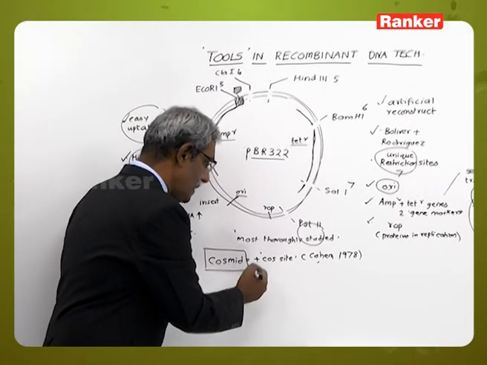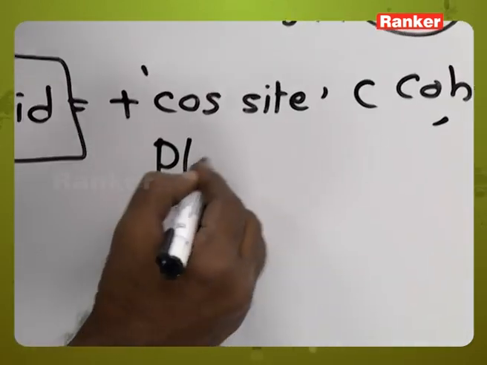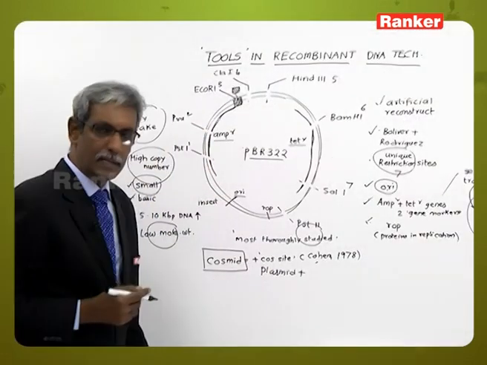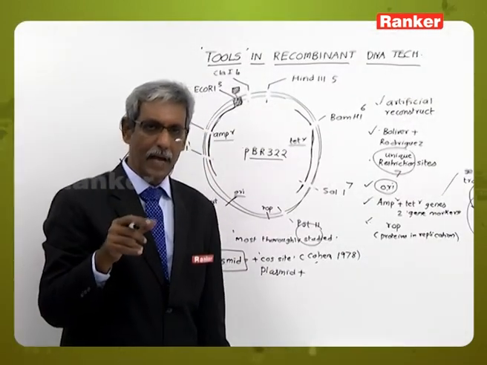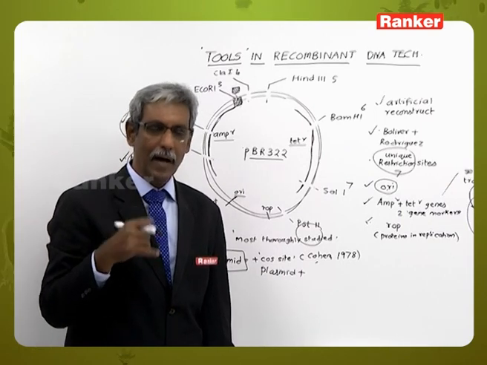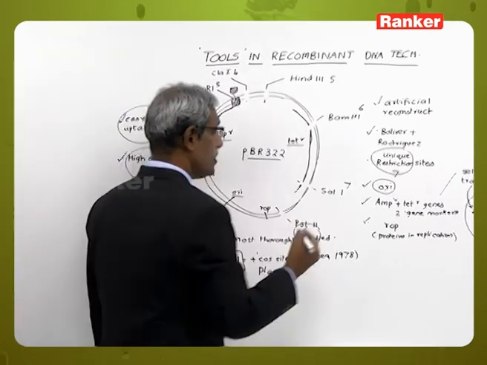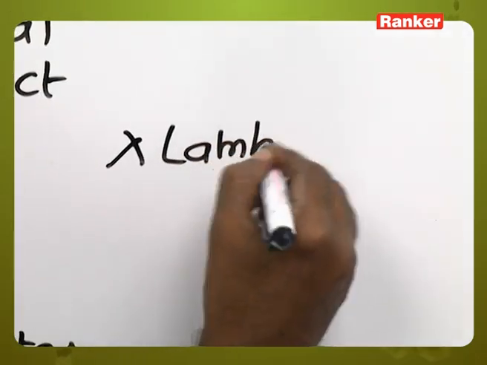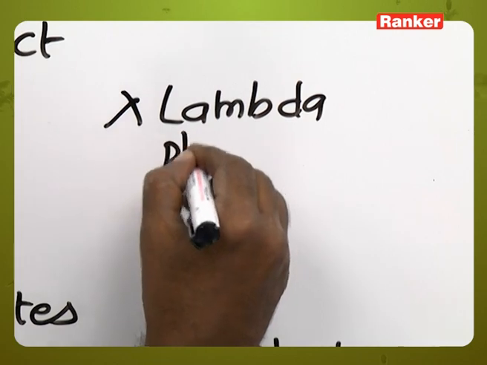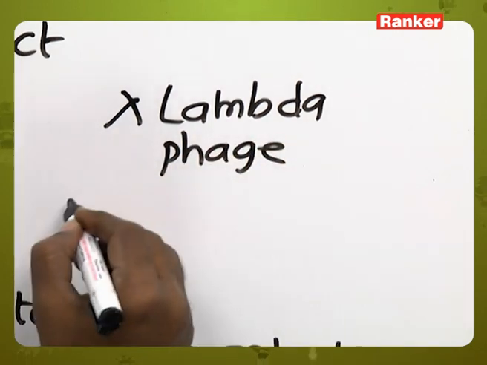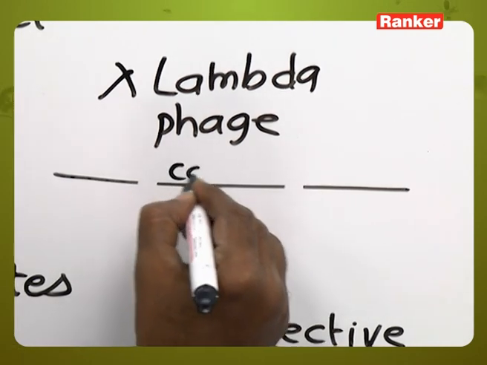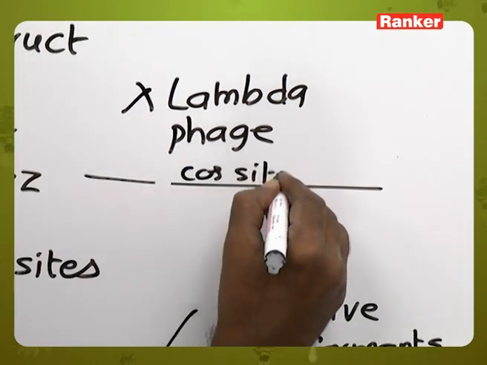A cosmid is a plasmid with a cos site. A cos site is a cohesive site, derived from another bacteriophage termed the lambda phage. A lambda phage is a linear bacteriophage, and it has a region called a cos site.